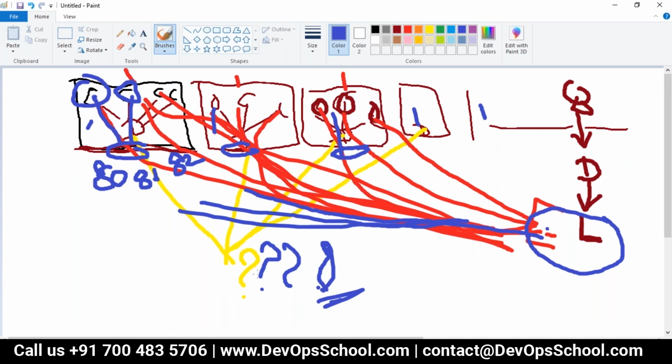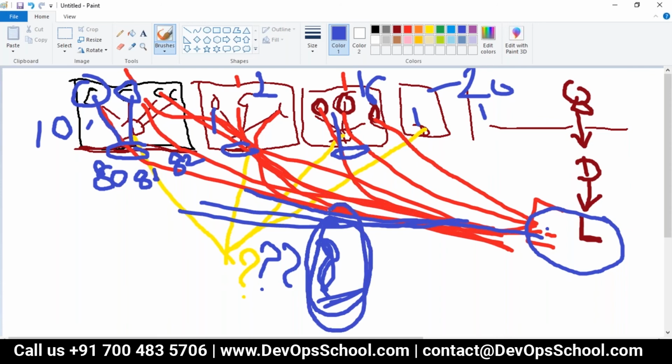Let's say this node has 10 GB, this node has only 2 GB, this node has 16 GB, and this node has some 20 GB. I don't care. But this tool should be very intelligent, and it should place work on all the nodes as per their availability. If it is 10 GB, I will place a few more containers. If it is 2 GB, I will place limited containers, like that.